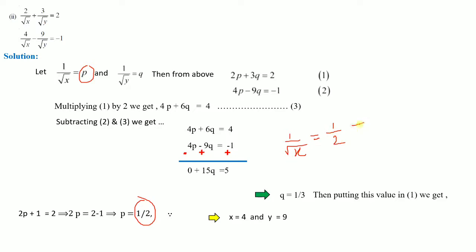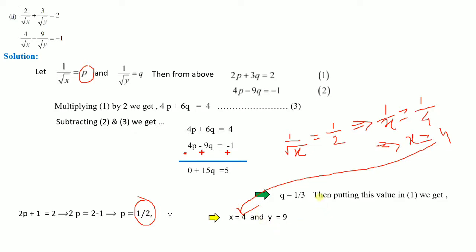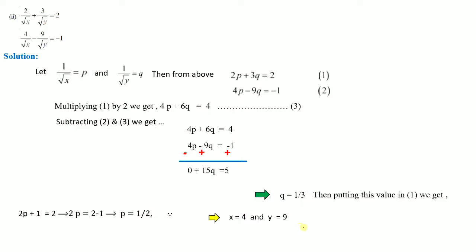Then squaring both sides, we will get 1 upon x is equal to 1 upon 4, and then taking reciprocal of both sides, x is equal to 4. Clear? Similarly for y is equal to 9, we will put the value of q here. So 1 upon root y equals q, which means 1 by 3.